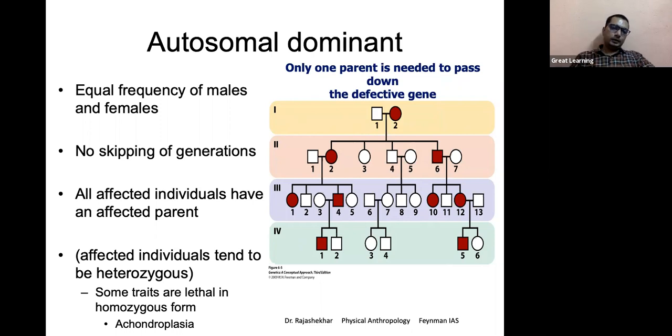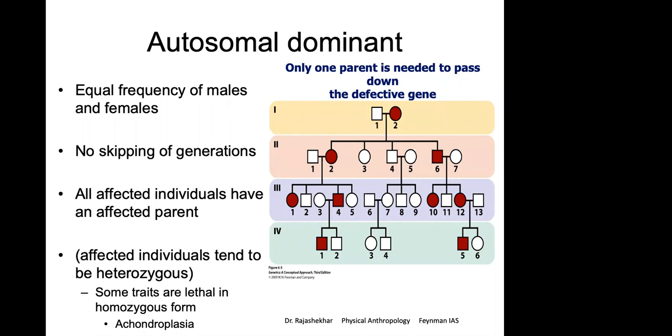Let's see. Now you are getting familiarized with the images, correct? I'm assuming you probably are understanding the images. So here, answer these questions. Do you see only females being affected or also males? What do you look for to see who is affected? Filled circles and filled squares. Do you only see filled circles or also filled squares? Both.